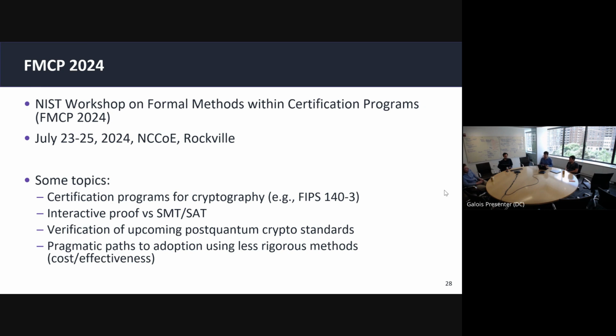FIPS 140-3 requires you to say what the module boundary is, which can be a physical boundary, like the edge of your chip, but also a logical boundary. Whenever keys are moved in or outside of this boundary, it's like the walls of the castle, and you're supposed to satisfy some requirements for how you do that. All of that is part of FIPS 140-3.